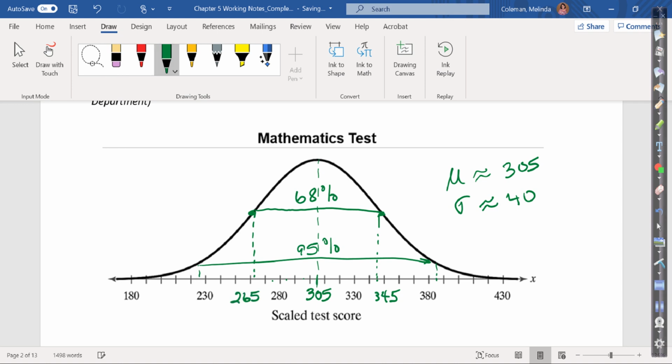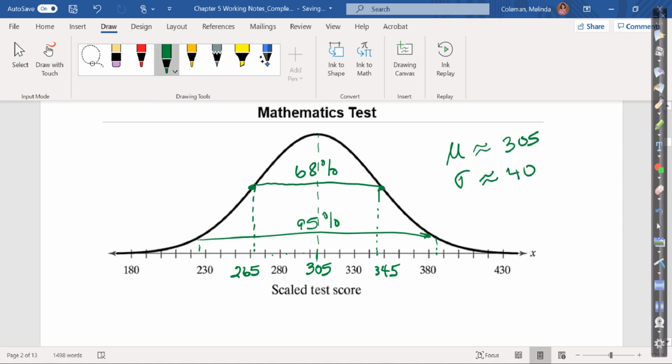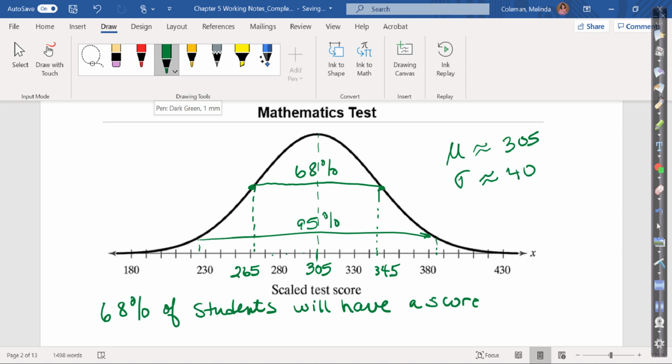So about 68% of the students will have a score that is between 265 and 345.